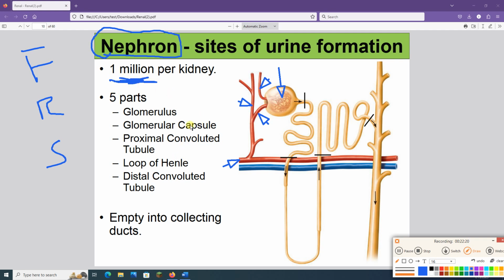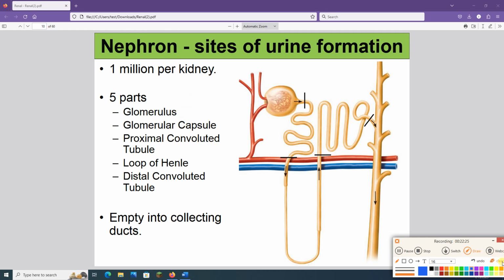The first part of the nephron is the glomerulus. And we saw the glomerulus hiding right in there. Not really hiding, but it's inside this structure called the glomerular capsule. So remember, the glomerulus is where we filter blood.